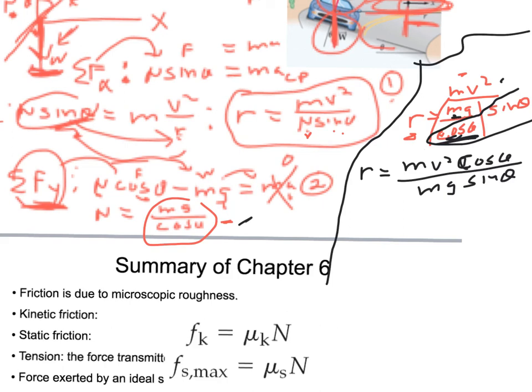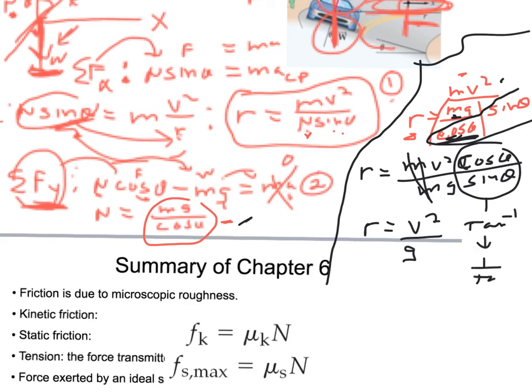But look also right there, we can cross that mass out. So we just got rid of an unknown. So r is going to equal v squared divided by g, and this value right there, cosine over sine, is inverse tangent. But inverse tangent also is 1 over tangent.